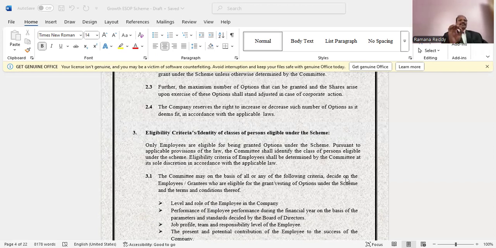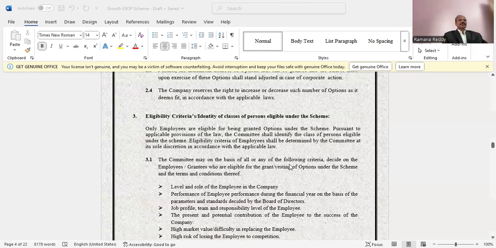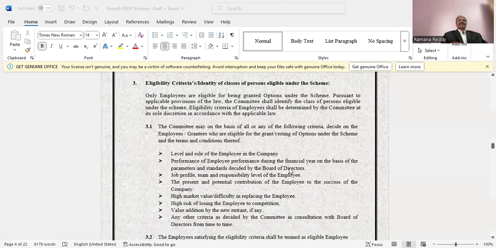The eligibility criteria of the employees shall be determined by the NRC at its sole discretion in accordance with the applicable law. We will discuss eligibility in detail, because I again reiterate, this is a fundamental document. You should be clear with the scheme.